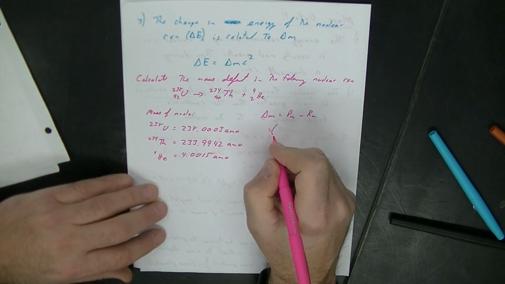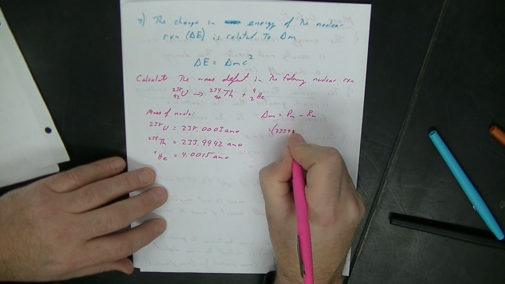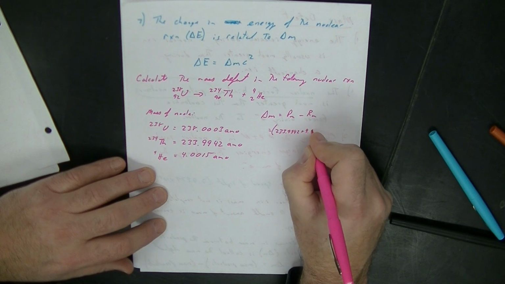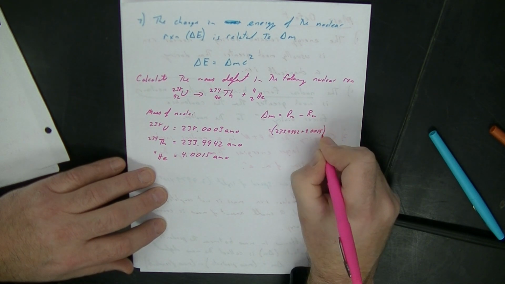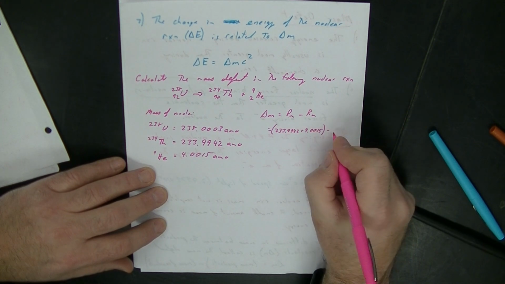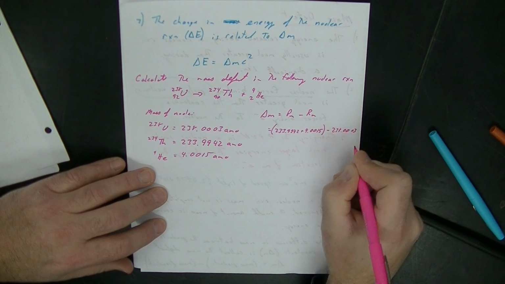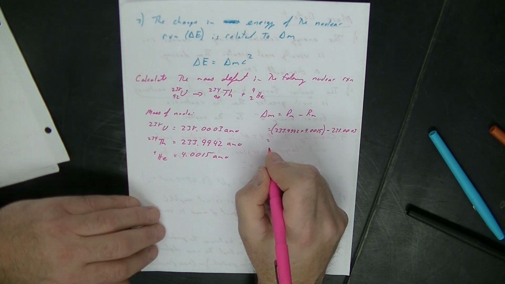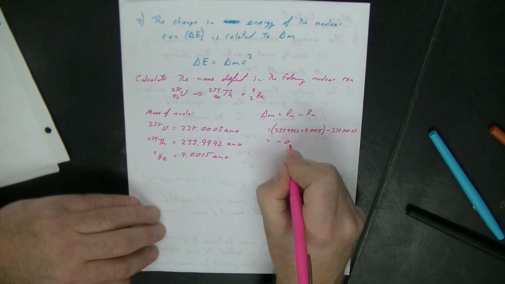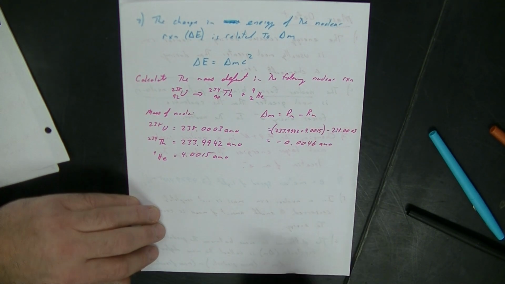We add these two: 233.9942 plus 4.0015 minus our reactants, which are 238.0003, and we figure that out, it's negative 0.0046 AMUs.